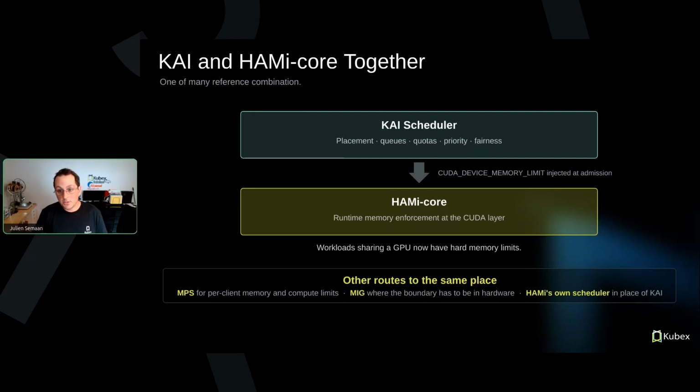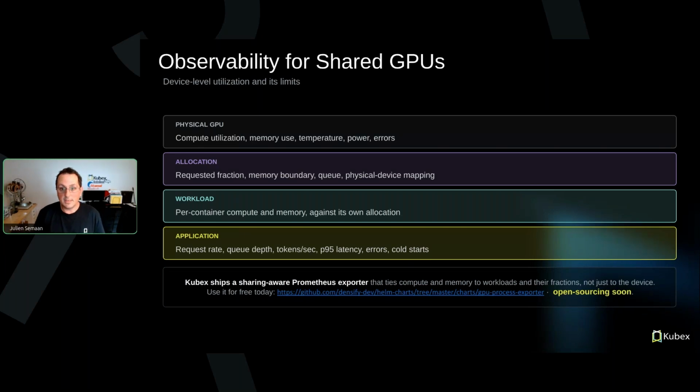It doesn't limit the compute fraction of the GPU, which is something we'll look at solving outside of Kai and HAMi core. But overall, the idea is the separation of responsibility. One layer places and accounts, that's Kai, and another layer enforces, that's HAMi core. Device level utilization was often enough when one pod owned the entire GPU.